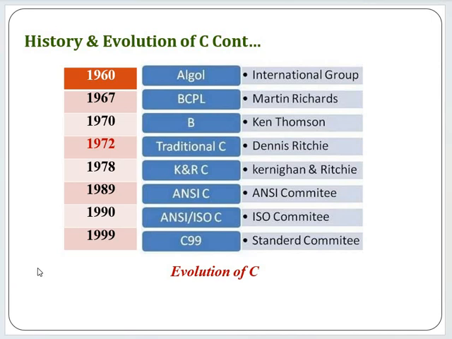And in 1999, C99, a major revision of the C standard, introduced new features and libraries, expanding the language's capabilities. So this timeline demonstrates the gradual evolution of C, building upon the strengths of previous languages and incorporating refinements over time. It showcases the collaborative efforts of various individuals and organizations in shaping the language that we know today.